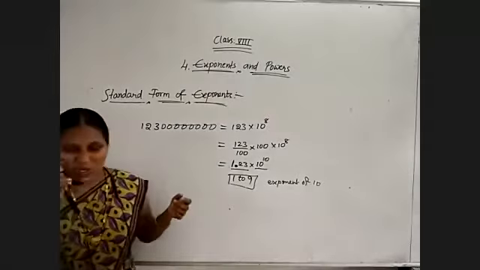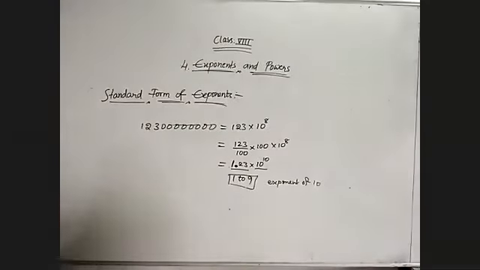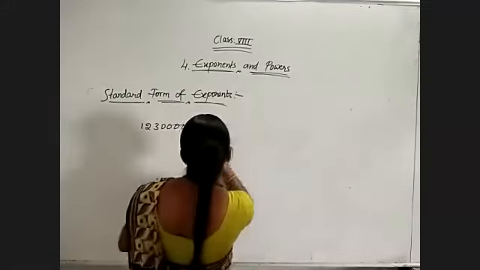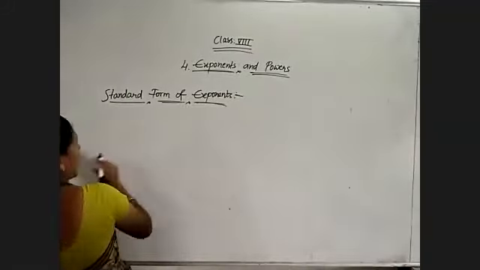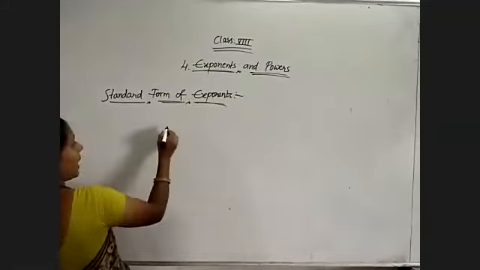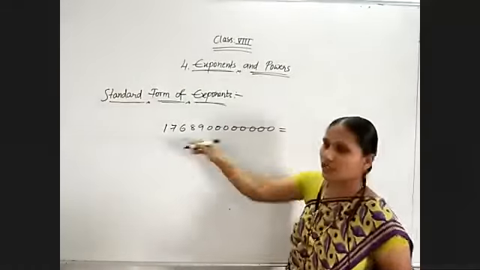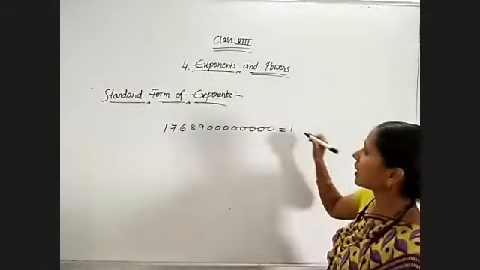Okay. So now, how can we write this standard form? I have the number 1768900000000. Now, for this I want to write the standard form. First of all, whatever digit is there, 1, take that 1.